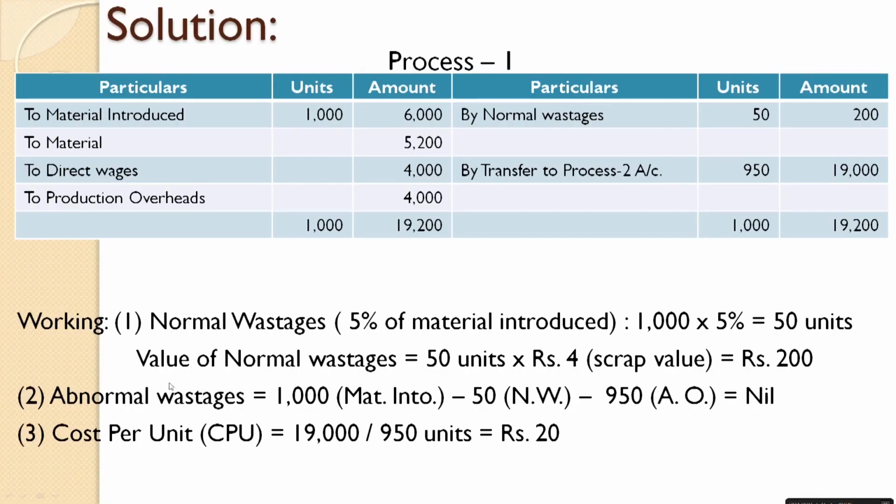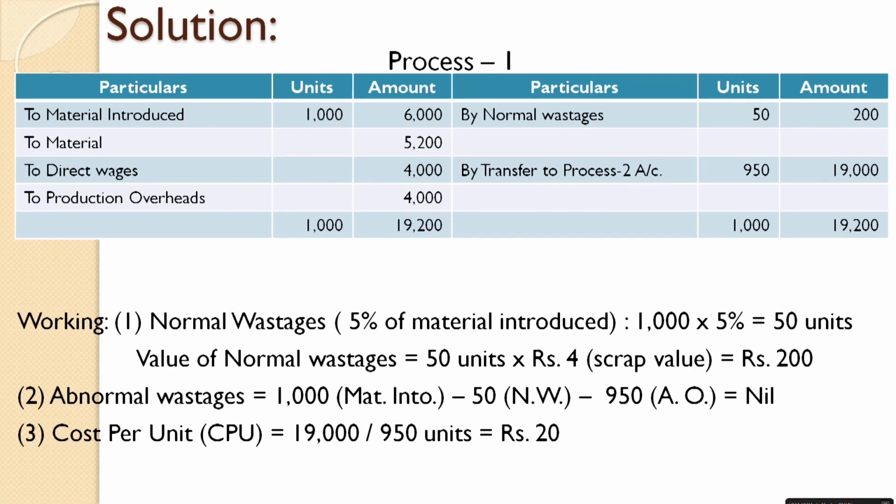So now see the answer, the cost per unit is determined in this way. Cost per unit is equal to total expenditures minus normal wastage value or normal wastage amount, divided by total units introduced in the respective process minus normal wastage units.